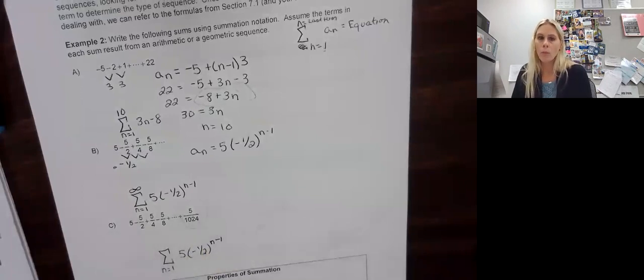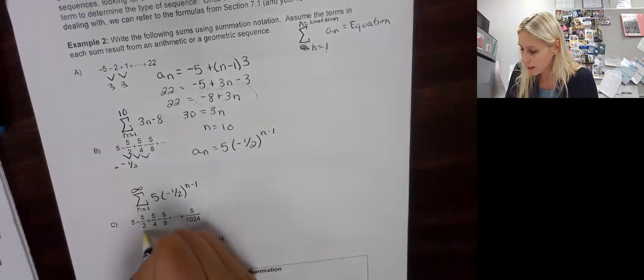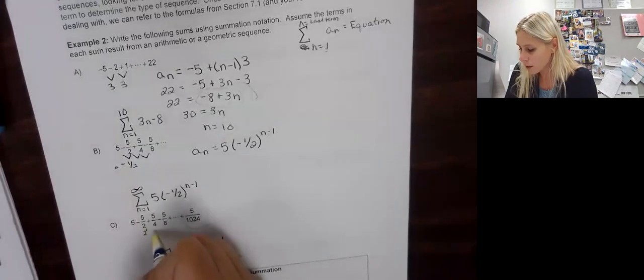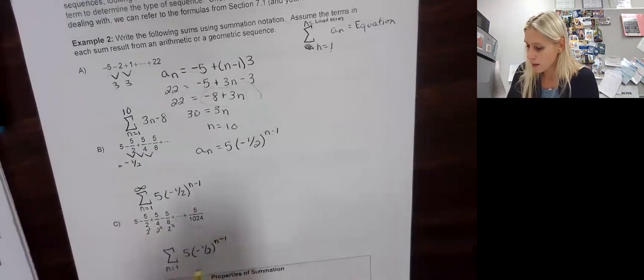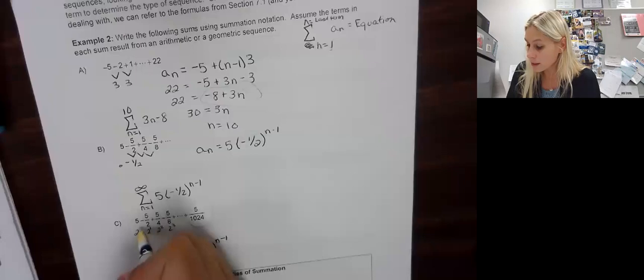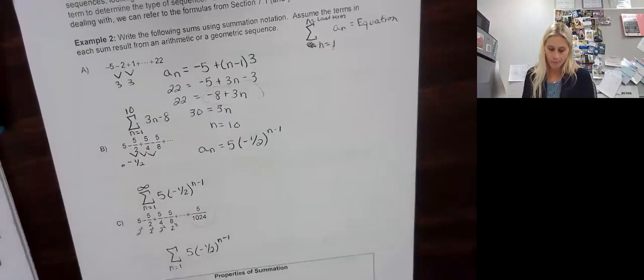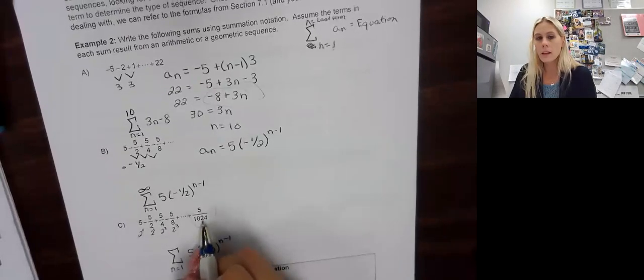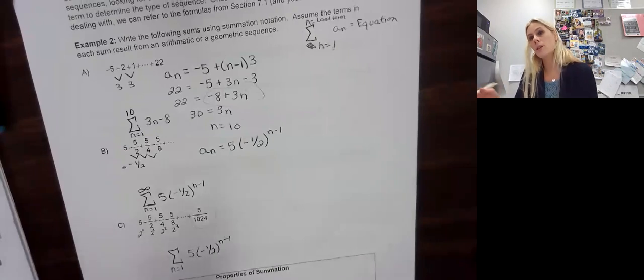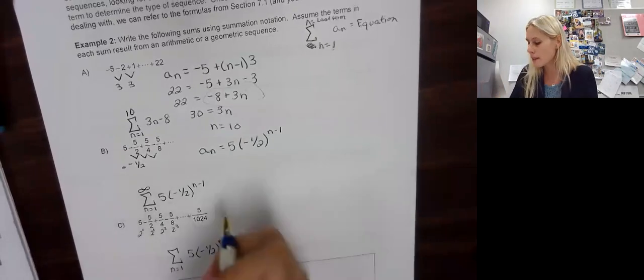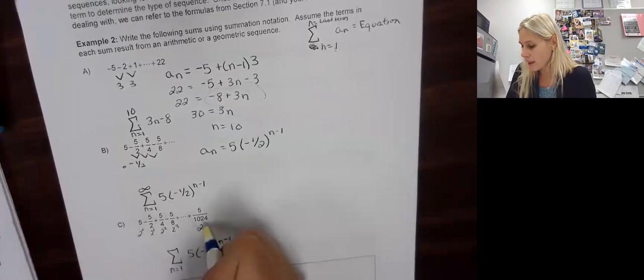Because we could guess and check and just plug in n and see where we get 5 over 1024. But if you look here, this is to the first, to the second, to the third. Over here is 2 to the 0. And if we plug this in on our calculator and kept going, 2 to the 8th, to the 9th, this would be to the 10th.